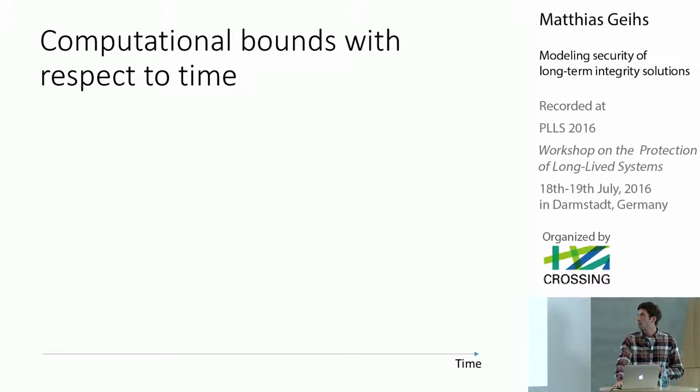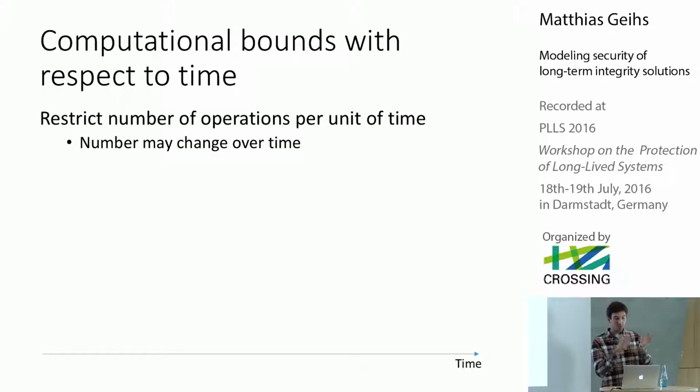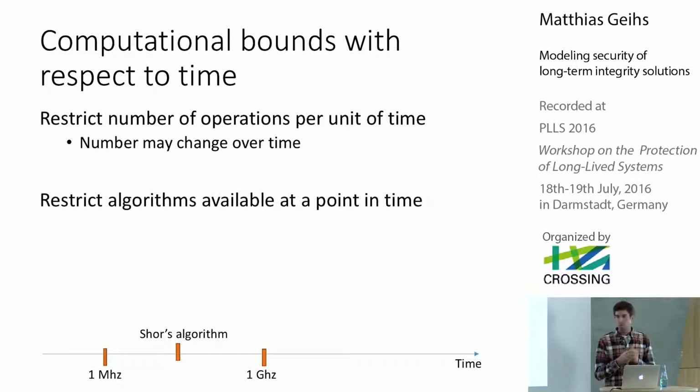So, for example, we may say that at one point in time he has a computer computing at 1 megahertz, depicted here, and later at a certain point he may use a much faster computer. We can also express using this formalism that the adversary may only use algorithms that are available at certain points in time.